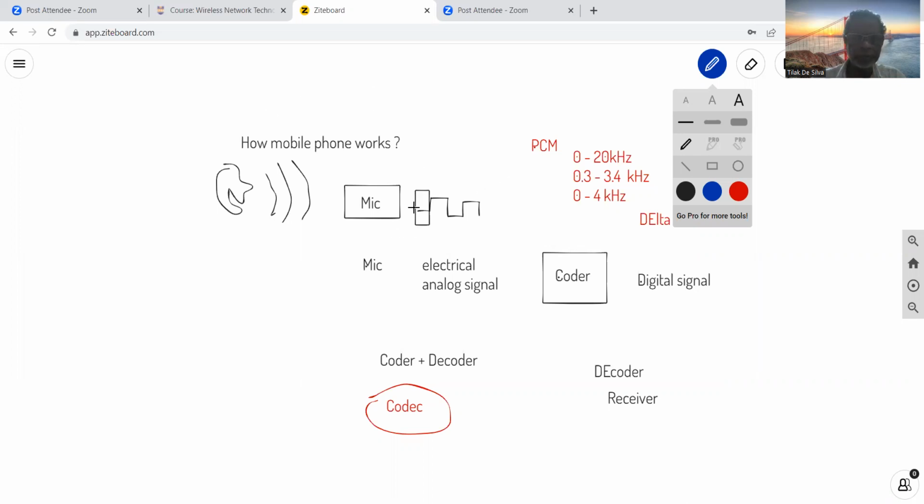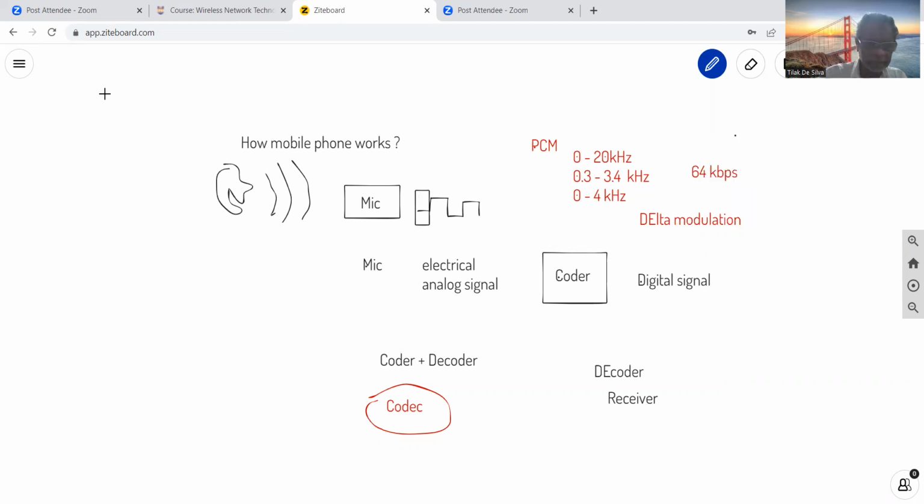Then how do you convert this digital signal again to analog signal? Digital to analog. How can you do that?